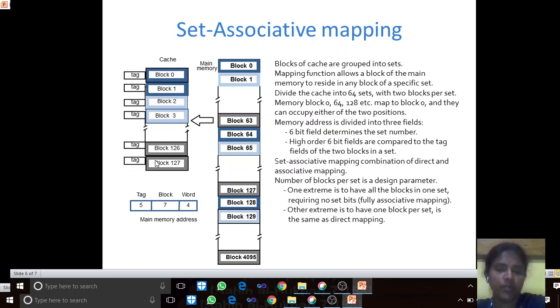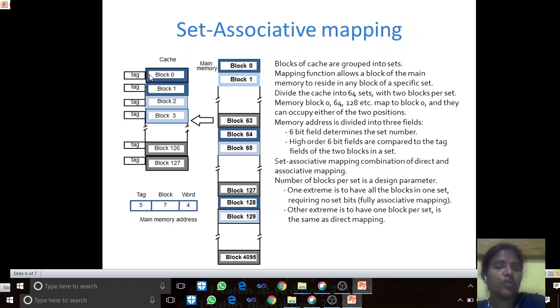Set associative mapping. Here the blocks of the cache are grouped into sets. The mapping function allows a block of main memory to reside in any block of a specific set. So divide the cache into 64 sets with 2 blocks per set.